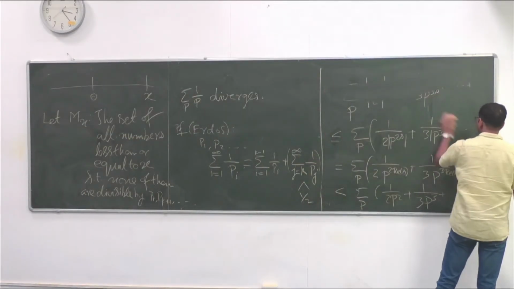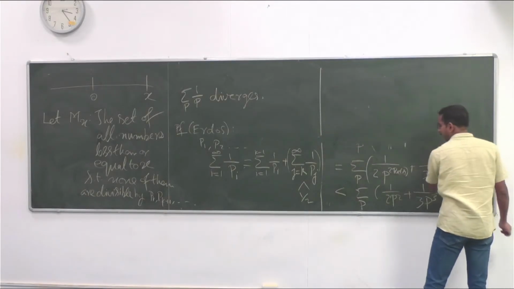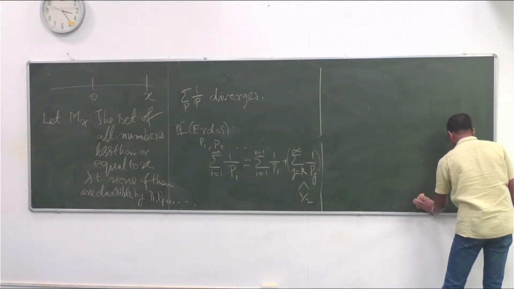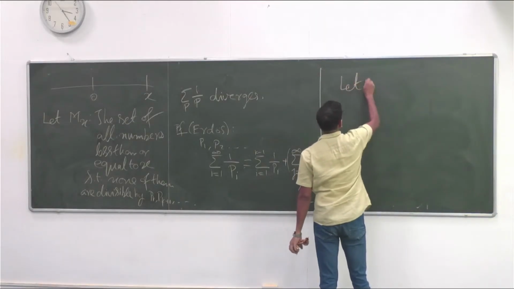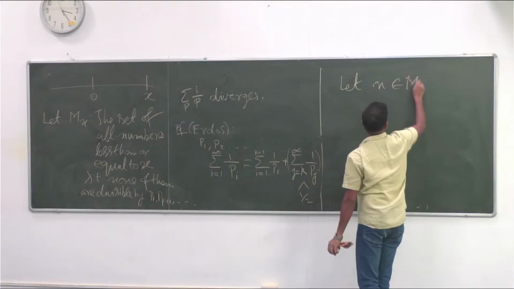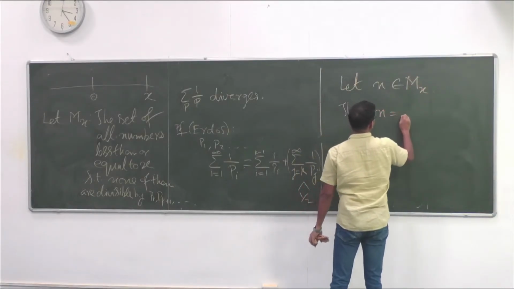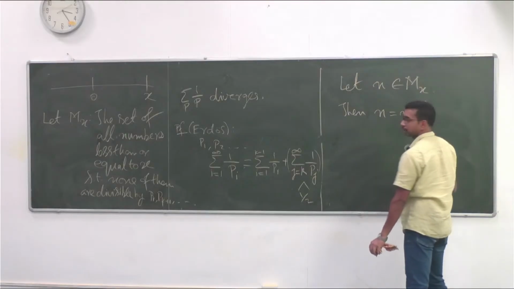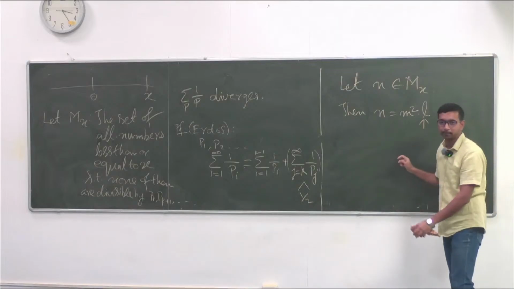Now if you would like to write the elements of Mx as a product of a square and a square free part, let n be in Mx, and then n is equal to some m squared times l, where this is a square and this is the square free part.